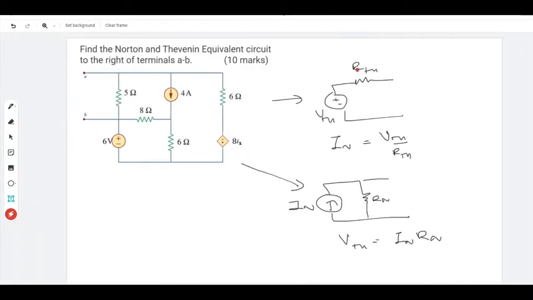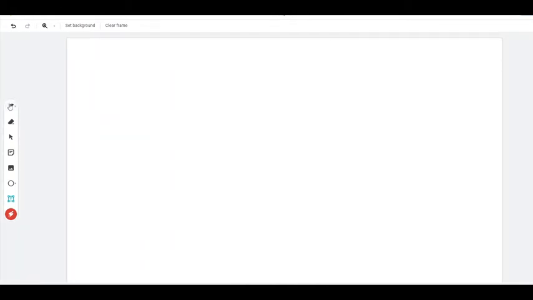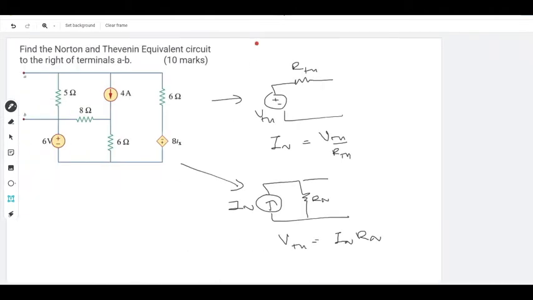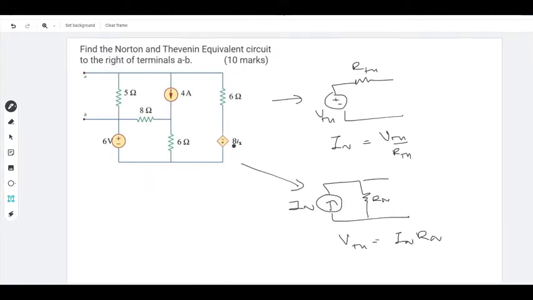As mentioned, you need to find two components, VTH and RTH. If you remember from the notes that I have given you, if you are doing RTH for a question with a dependent source, and I forgot to mention, here is the IX, this is where the IX is.